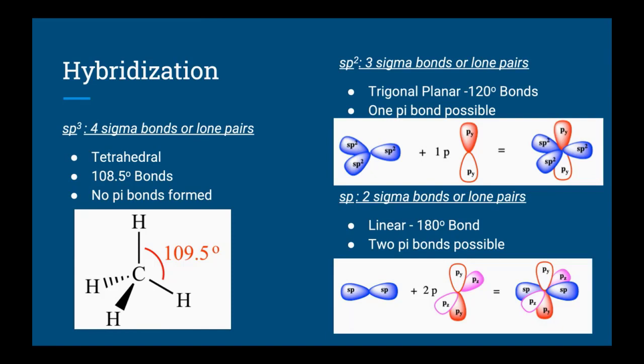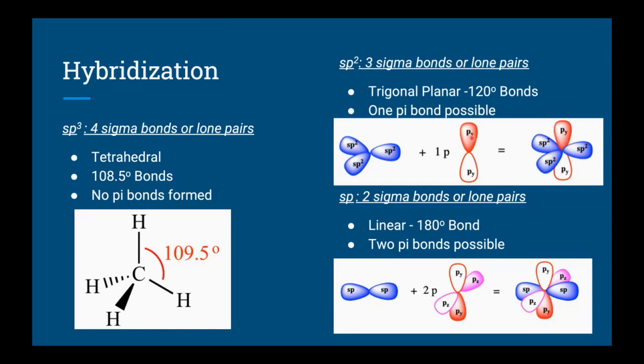Another important one to remember, I don't think I put them on the slide, is when you have a p orbital such as the one shown, let me see if I can use a laser pointer. If you have a p orbital such as this one, this will be considered 90 degrees from any of these sp2 or any of these hybridized orbitals.